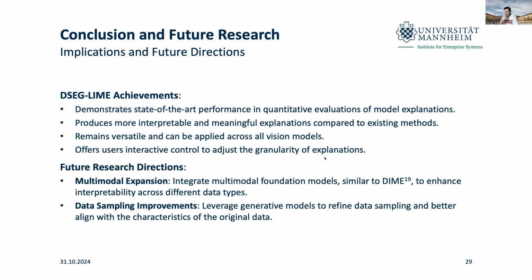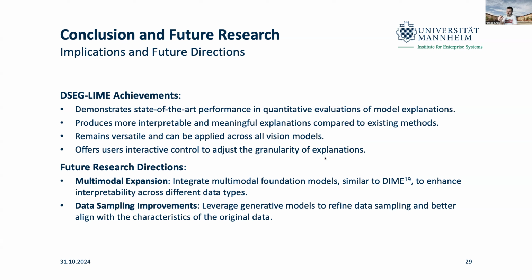And another interesting area is to use foundation models, especially generative models, to refine the data sampling. Because if we look back to the initial LIME top-down approach, when we sample the data, we take, for example, for images, simply the mean value, or we have a replacement value.